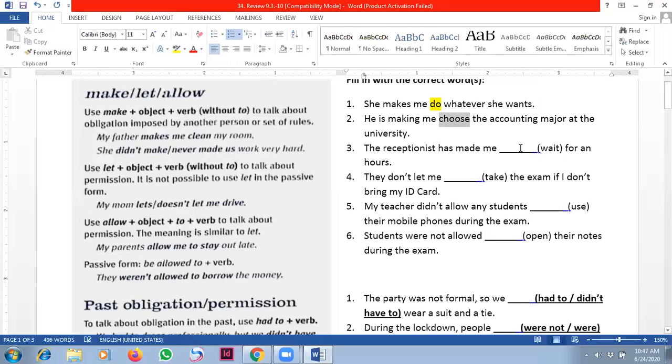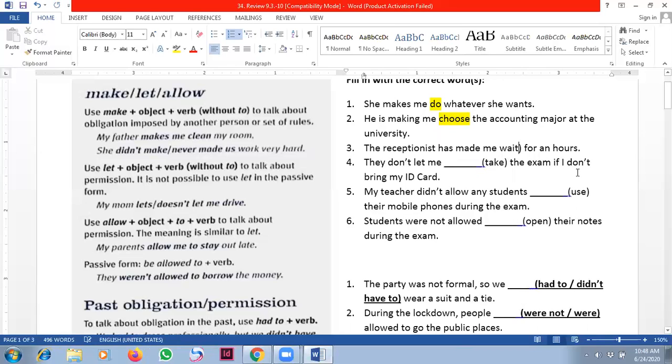You can close your eyes and then, oh, it must be verb 1. The receptionist has made a verb 1. So, yes, it's quite easy. When you see make, made, making, and then object pronoun and verb 1. Let as well. You don't have to actually think about it twice, just verb 1.